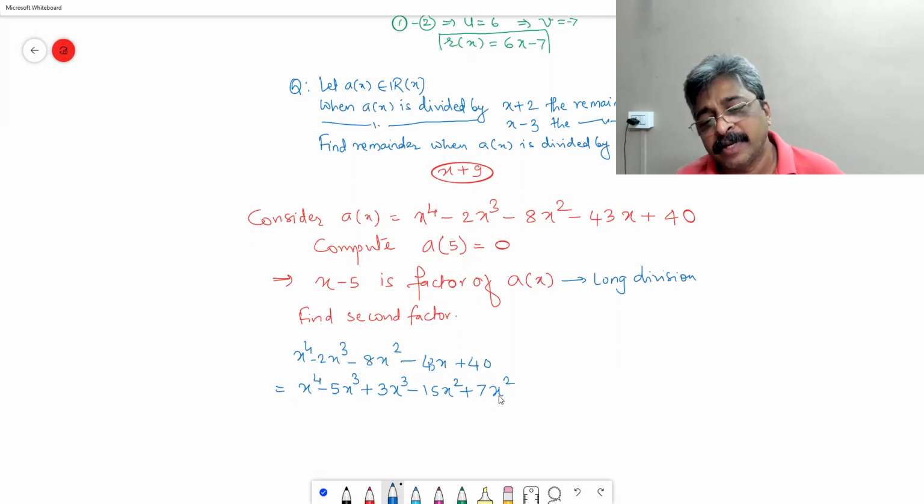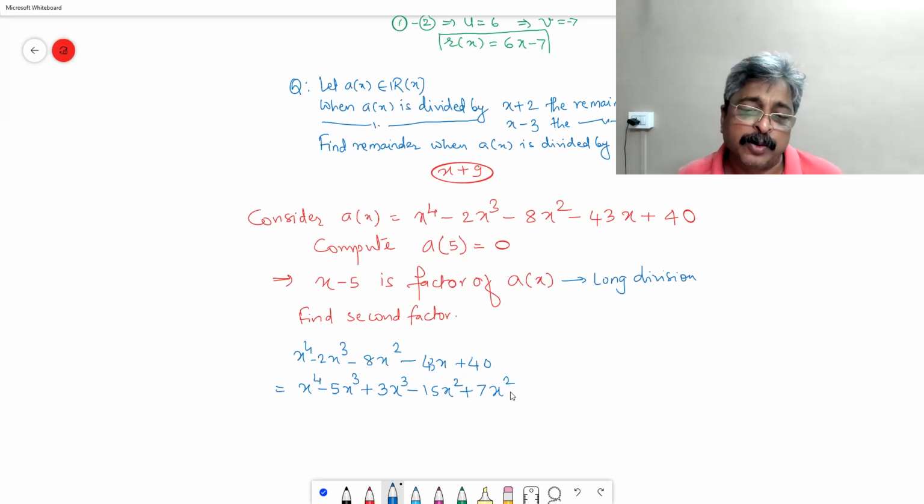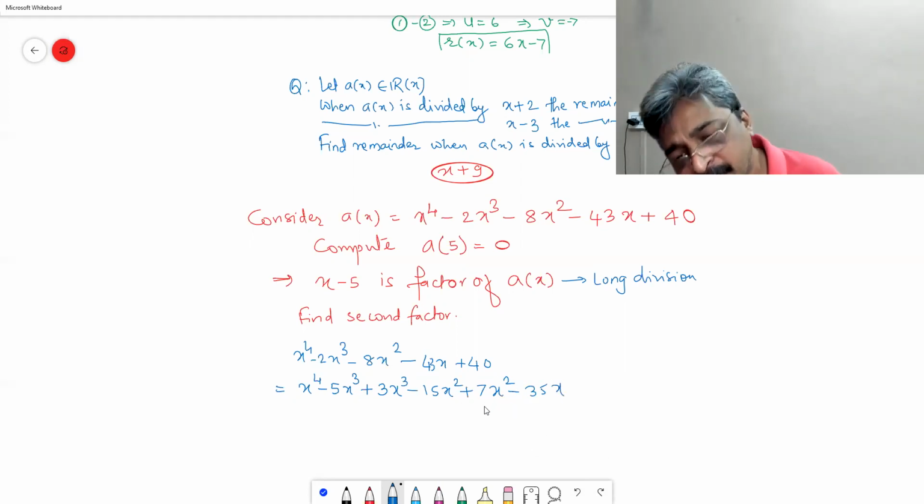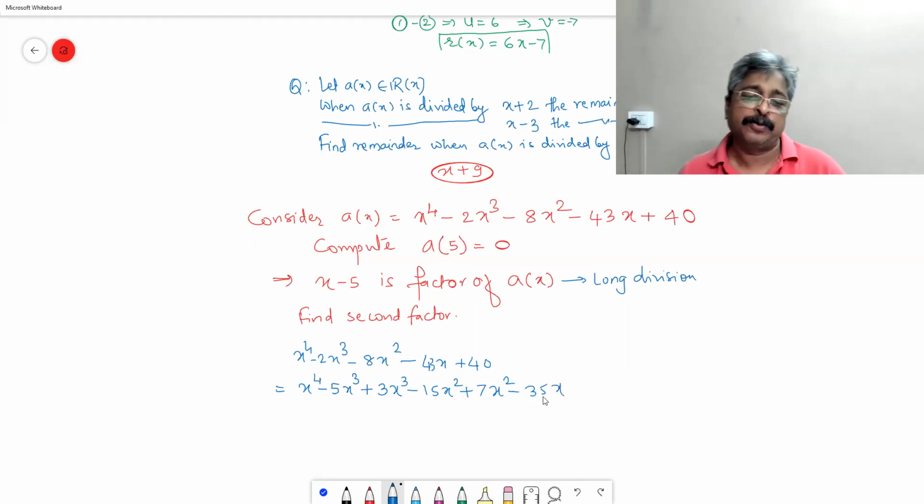And I want minus 5, so plus 35x. If I take 7x common, I get x minus 5. But I don't have 35x, I have minus 43x, therefore minus 8x plus 40. Very good.